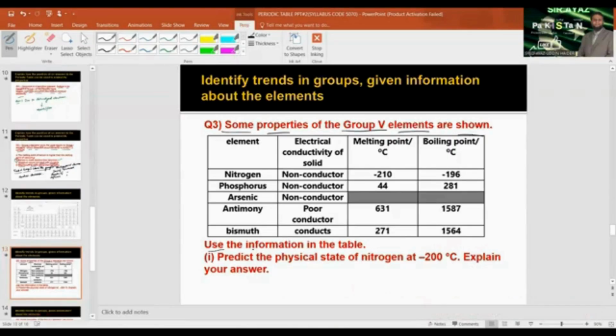Use the information in the table. Predict the physical state of nitrogen at minus 200 degrees centigrade. Explain your answer.